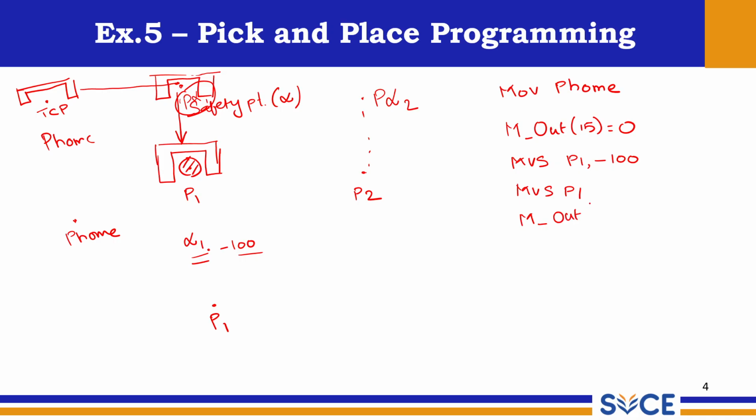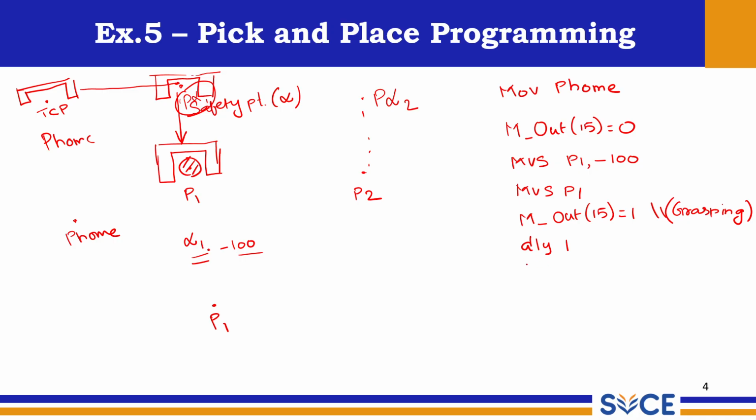So M_OUT of the 15th port is equal to 1. So now grasping action is going to take place. But for grasping, should we give some time? So therefore we'll give a delay. We'll delay by 1 second, some 0.5 second, but 0.5 is not negligible, so delay by 1.